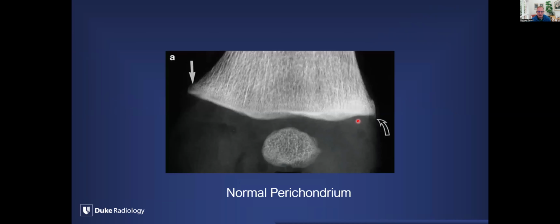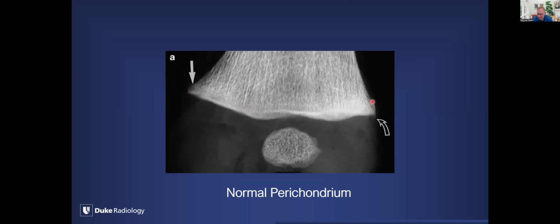Okay, the classic metaphyseal lesion. Before we talk about that injury to the metaphysis that results from pulling and twisting of the limbs in younger patients, we need to recognize that there are some normal structures of the metaphysis that could be confusing if you weren't aware of them. There are two components to what's called the perichondrium. Perichondrium is the tight attachment in the periphery of the metaphysis, which extends down to the level of the physis.